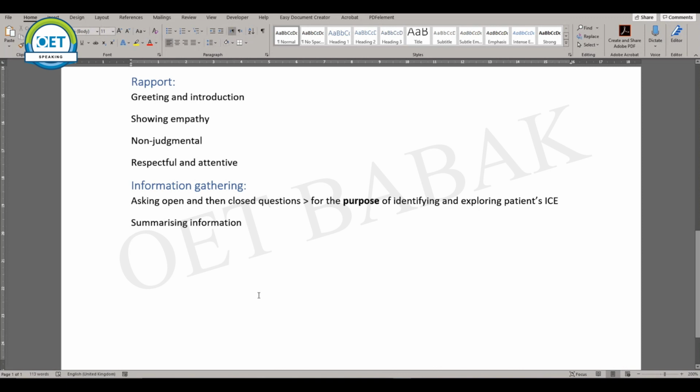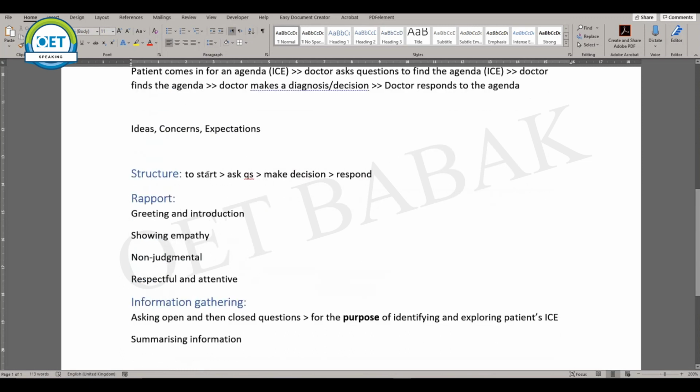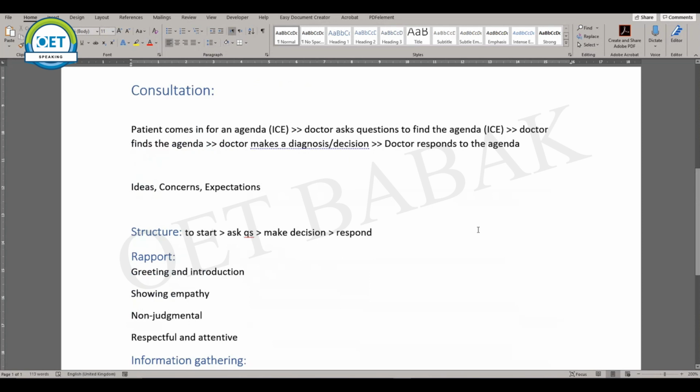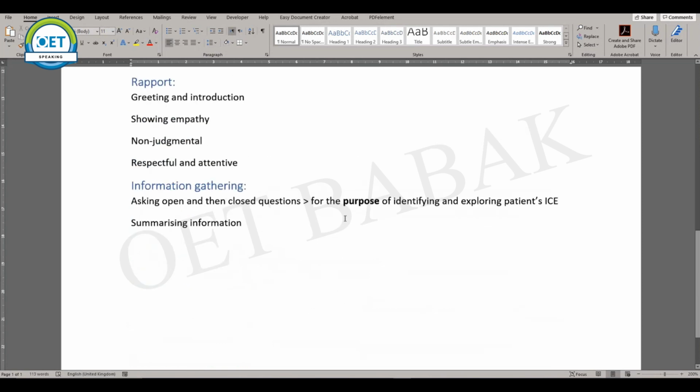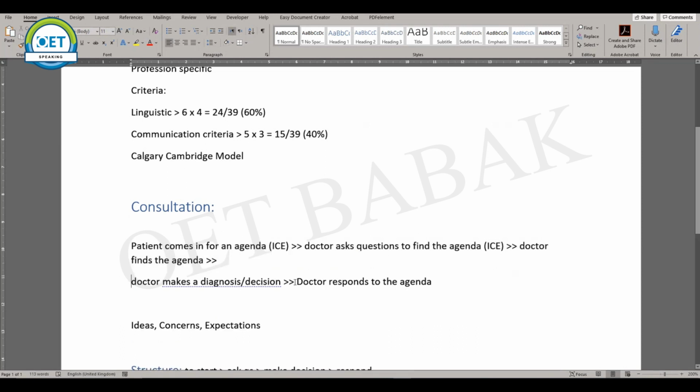So, where are we? A structure where the patient comes in, you ask questions, make a decision, respond. We're still in part one of the consultation, which is this bit. We are still in stage one, which is understanding the reason the patient is here.